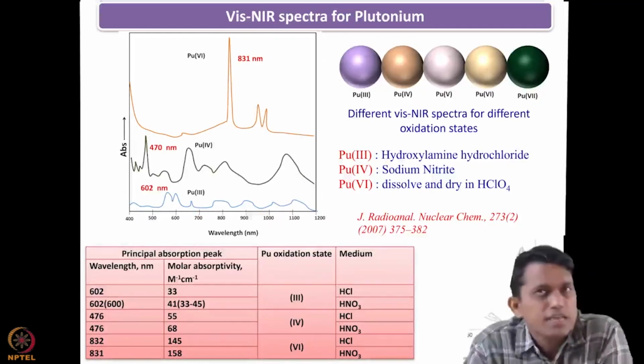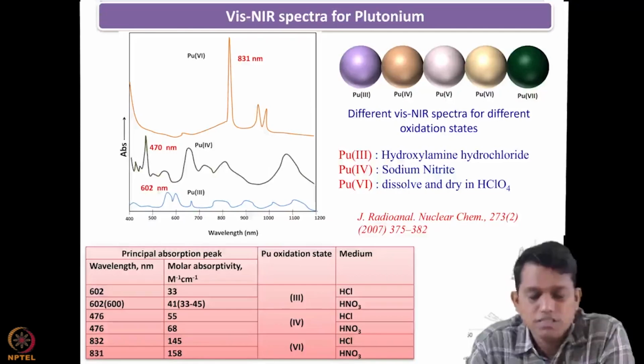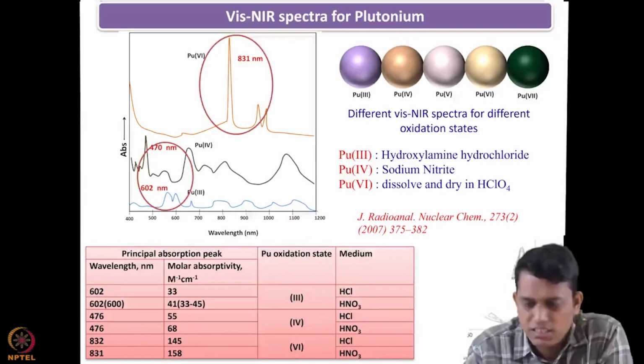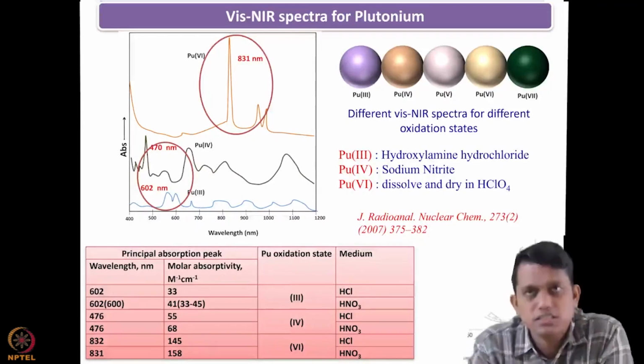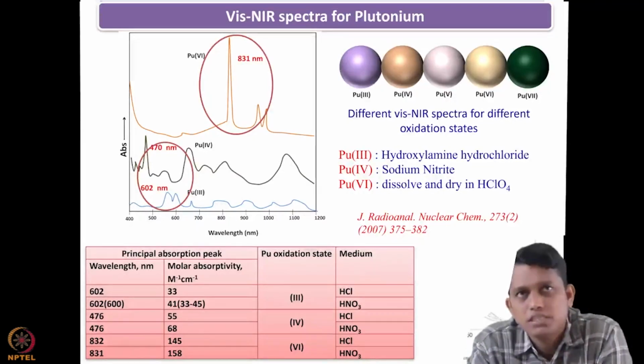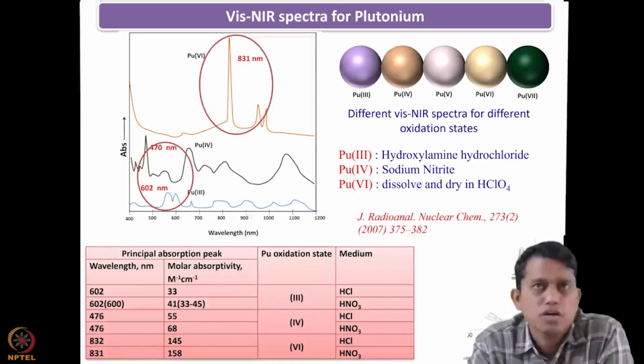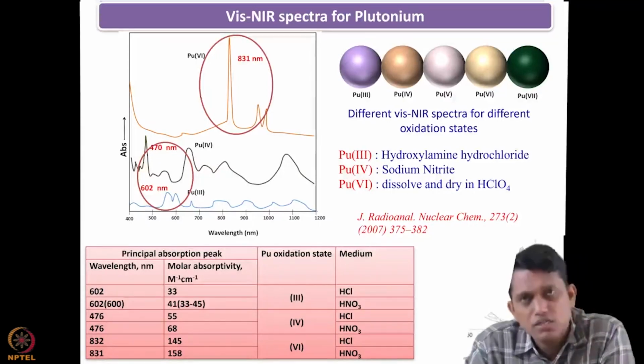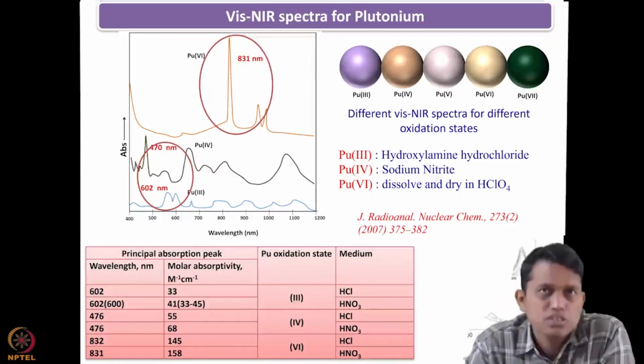If you add nitric acid or HCl to plutonium 3, there is a change in these peaks. With increasing acidity there are changes, and these directly correlate with some interaction between plutonium 3 and nitric acid, and between plutonium 3 and the chloride ion. So to understand the kind of interaction and the nature of species formed under different conditions or acidity strengths, we can use this kind of spectra.